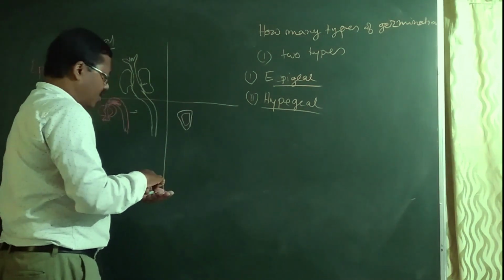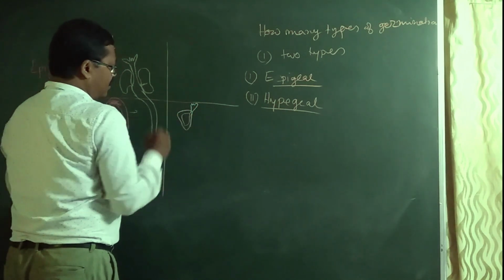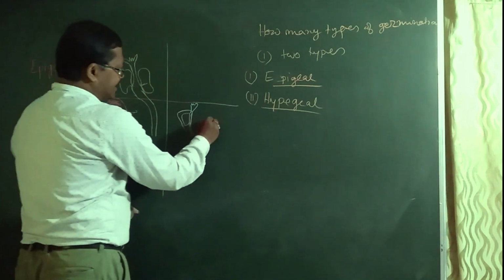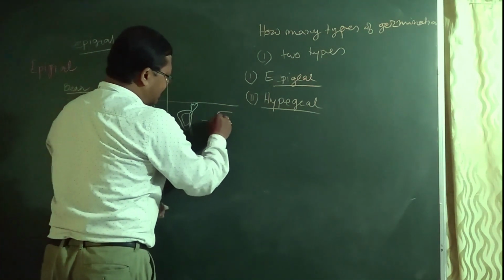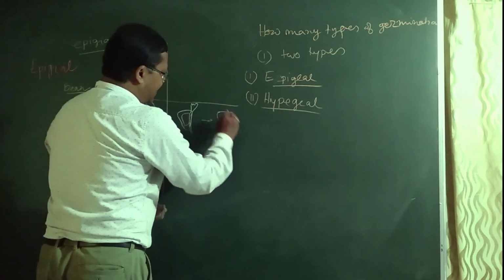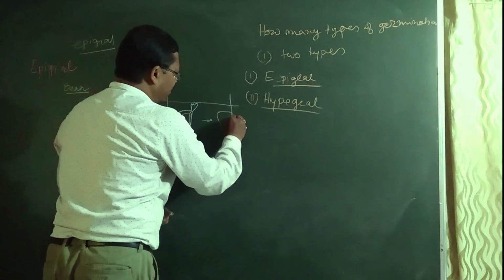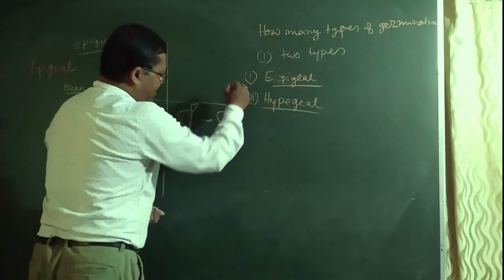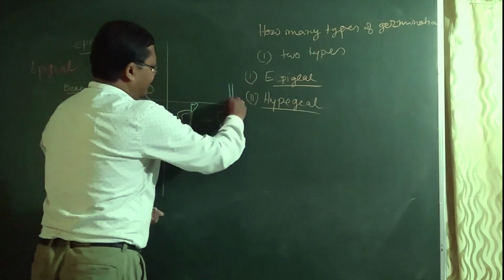At first it produces a plumule and later a radicle. In a later stage, the seed also remains under the soil, but its plumule grows. The plumule grows and enters into the atmosphere, and the radicle grows and enters into the soil.